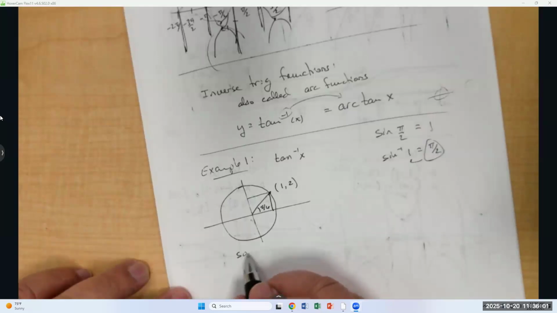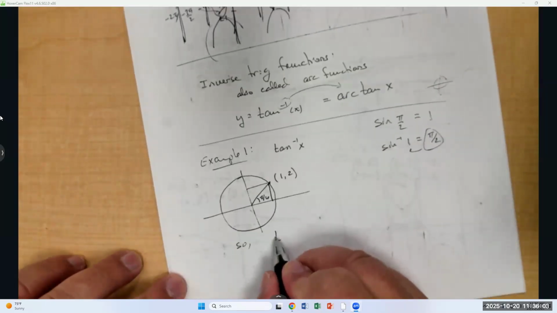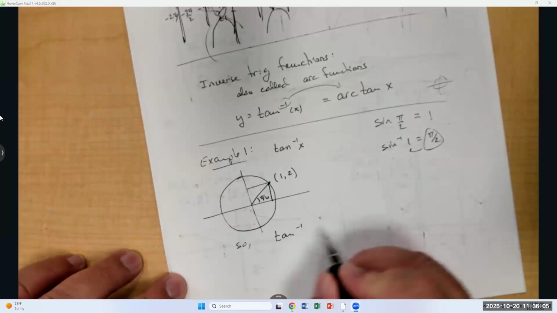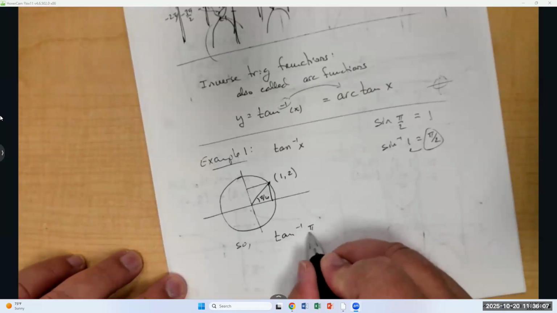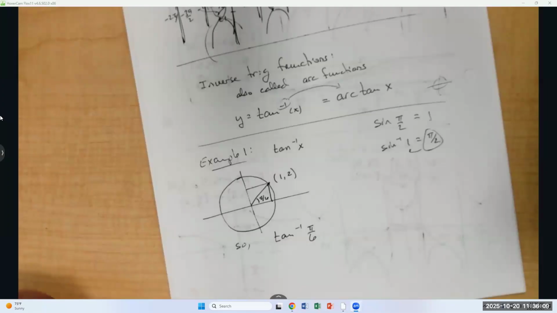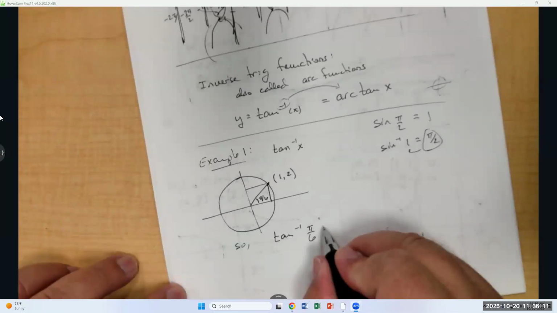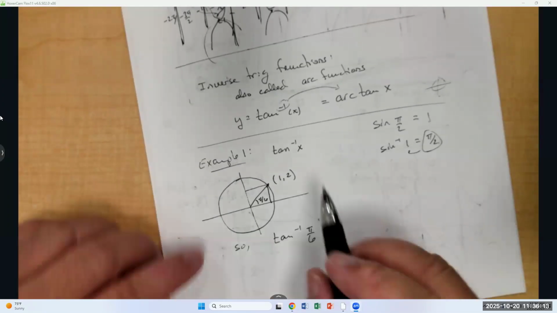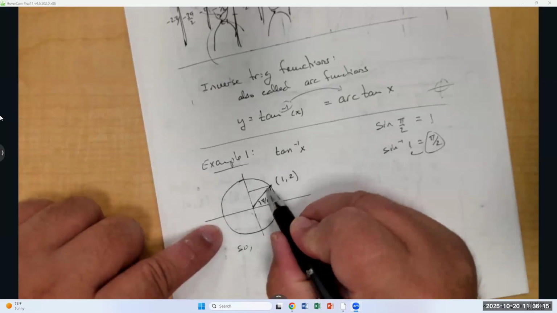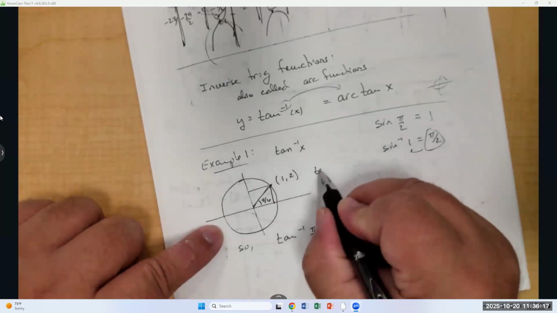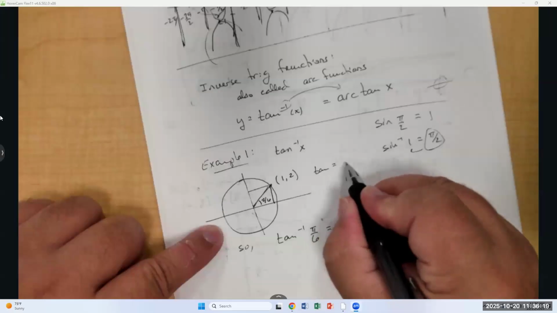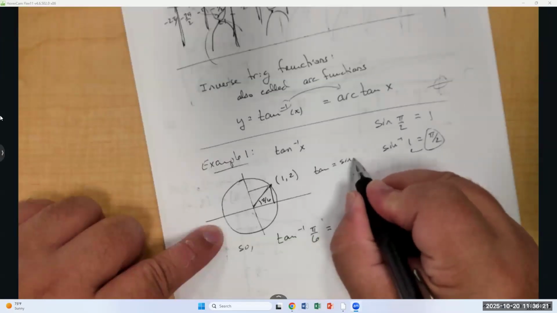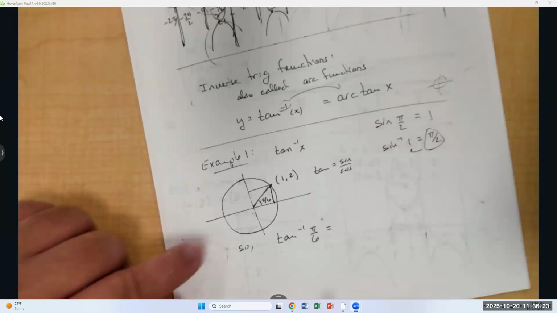So the inverse tangent of pi over 6 is equal to, what's the hypotenuse? Remember, tangent is equal to sine over cosine.